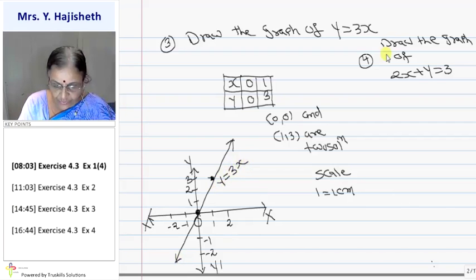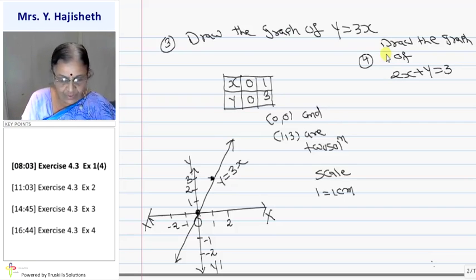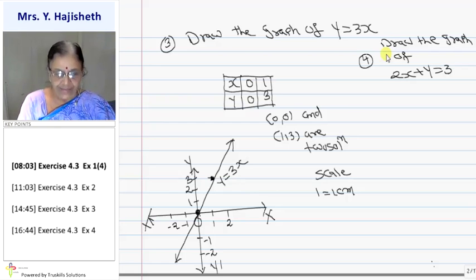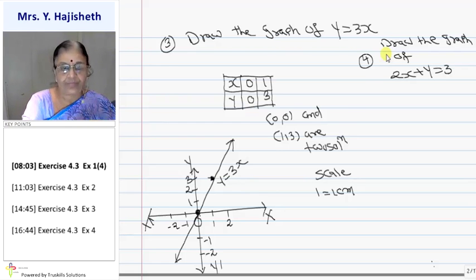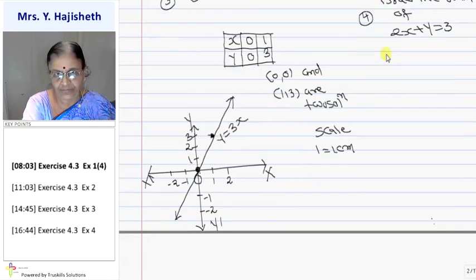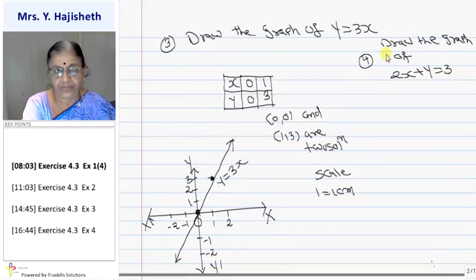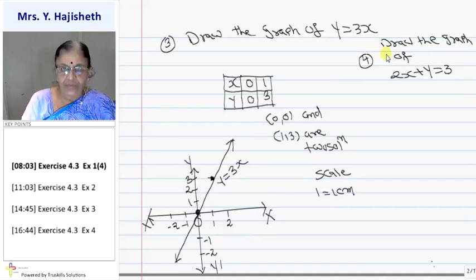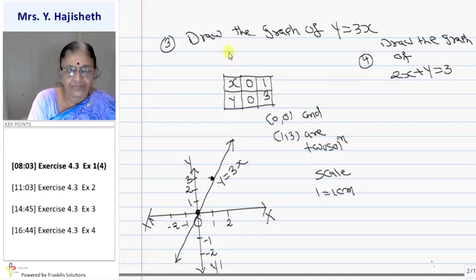Okay. 2x plus y is 3. How will we make it? 2x plus y is 3. So for 2x plus y is 3. How to draw the graph of 2x plus y is 3? First I will form a table. Clear?